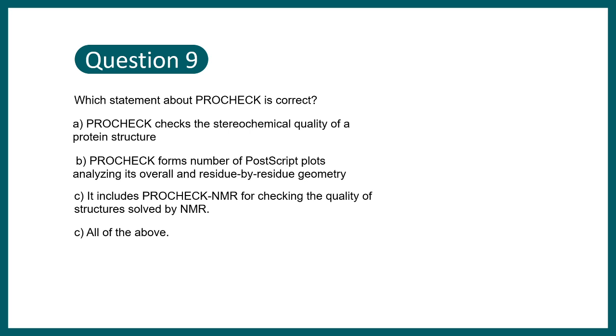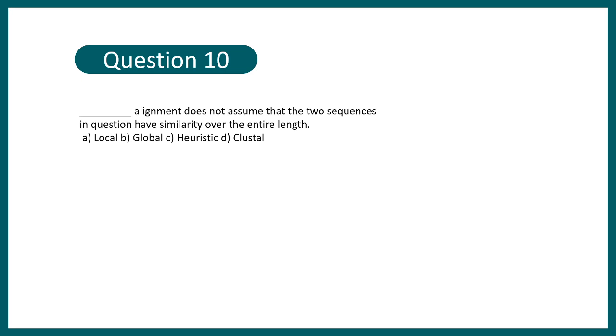And last says all of the above. So this question is kind of a quick description of ProCheck. All of these statements are correct, and this particular question gives you a very quick idea about this particular topic of ProCheck.